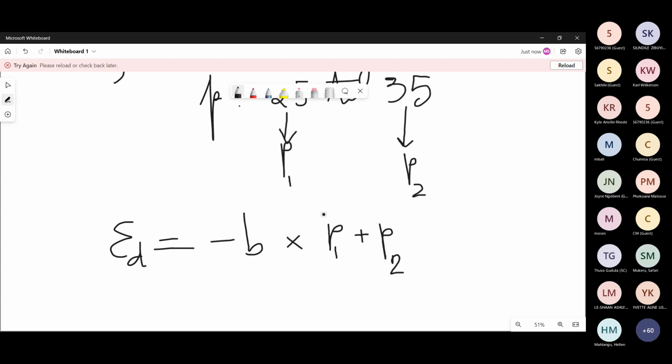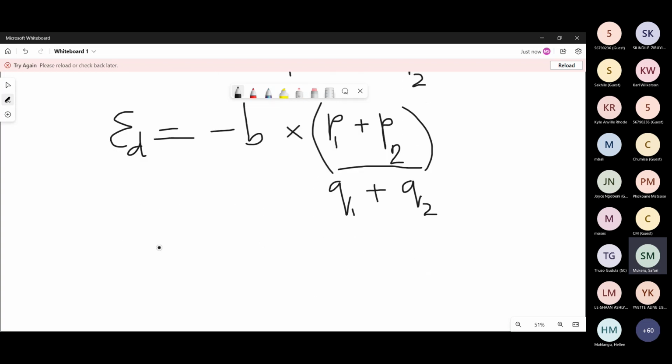Divide by Q1 plus Q2. Very basic, right? This is what we call arc elasticity when the price varies from one value to another.